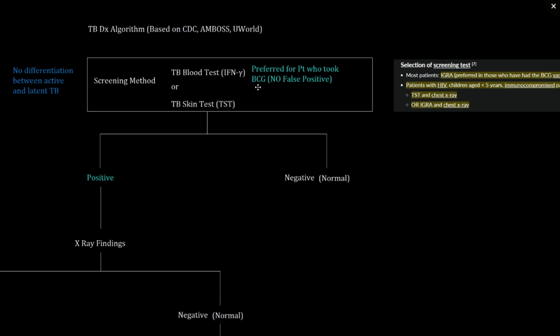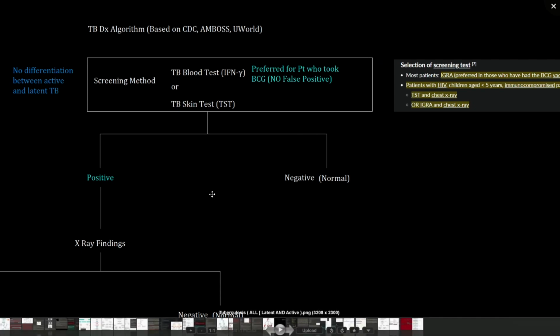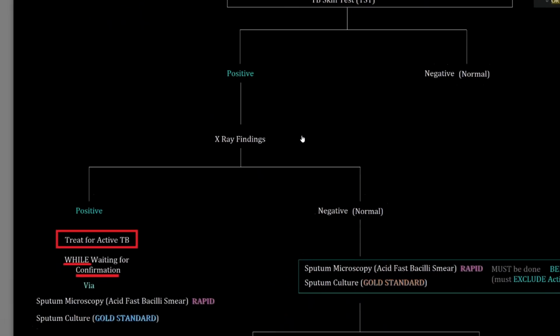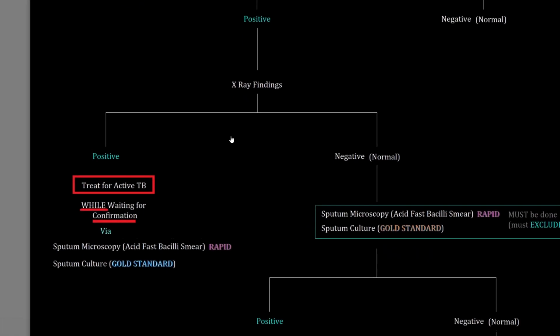Well, when either of these tests comes positive, then you know that you have a case of TB. Whether it is an active or a latent case, these tests do not differentiate. Okay, you are simply understanding if this patient has TB or not. If you want to know if it is a case of TB which is an active case or a latent case, then you will do a chest x-ray.